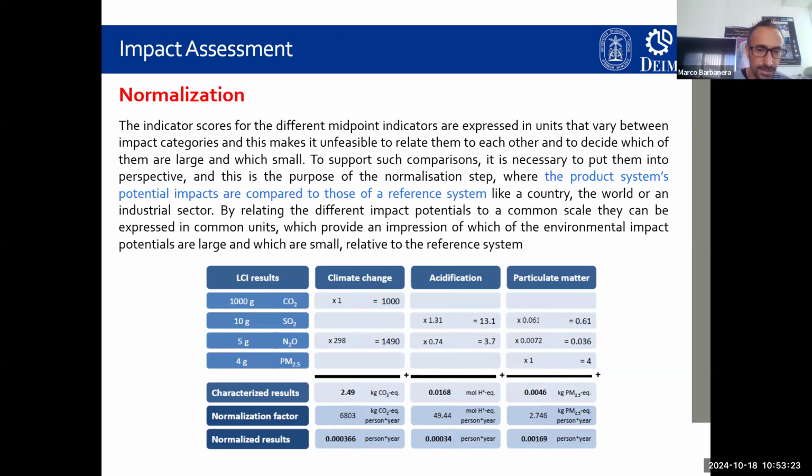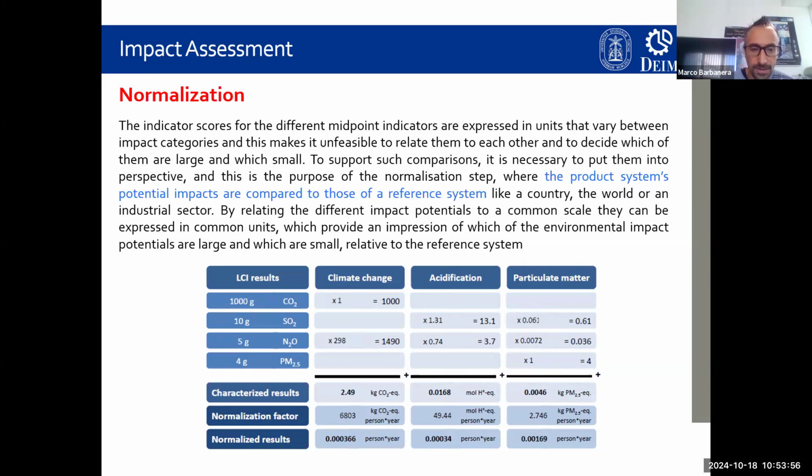I said in the last lesson that typically for impact assessment methods, we use, for example, the overall emissions of greenhouse gases in Europe in 1 year per person. This is the reference scenario, but this reference scenario depends on the impact assessment method.